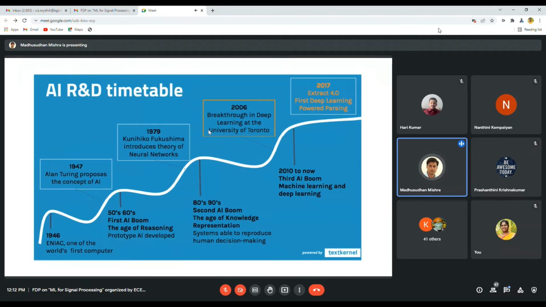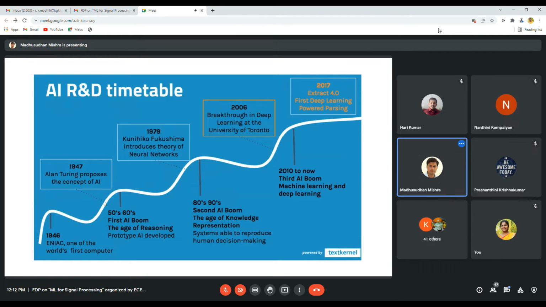These slides mainly talk about the evolution from AI, artificial intelligence. In 1946, ENIAC was one of the world's first computers. Then in the 1950s to 1960s, there was the first artificial intelligence boom, and the age of reasoning, where prototype AI was developed.